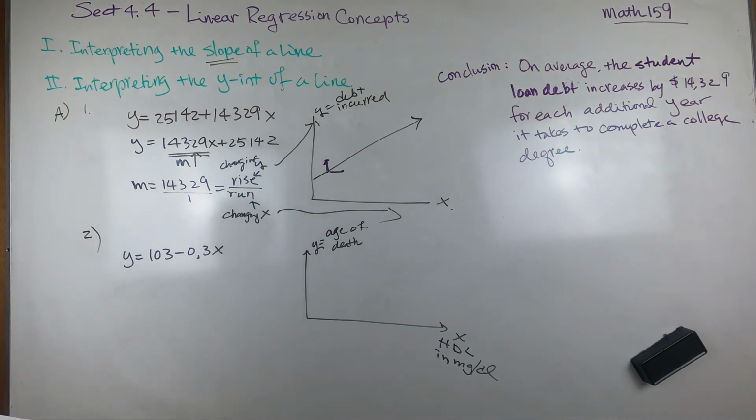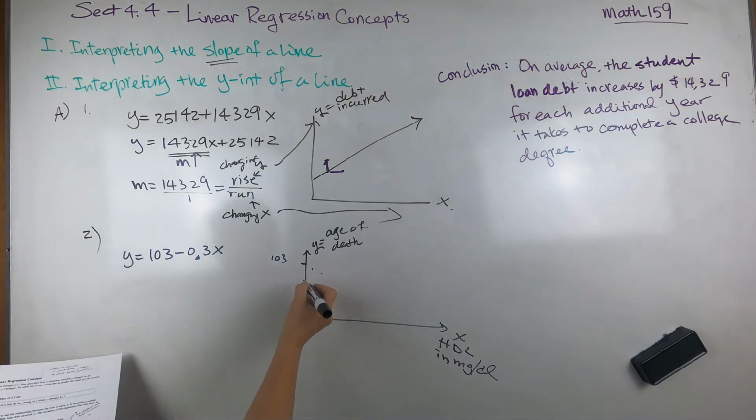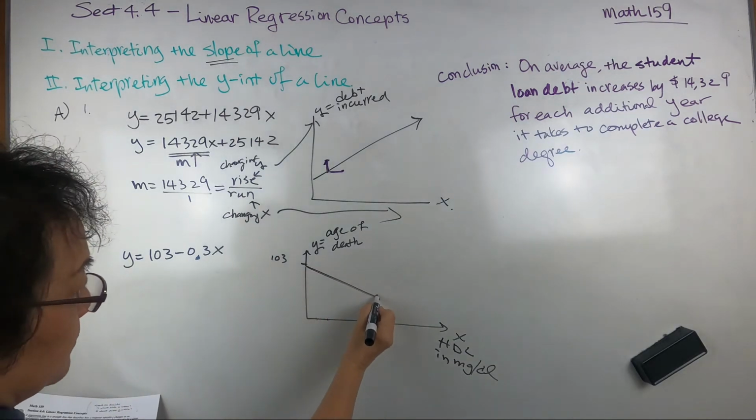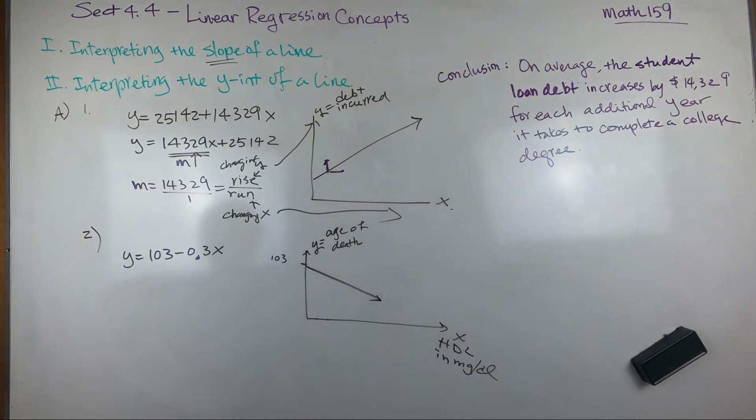Okay, so if you graph this one, you use your t-table. X is 0, Y is 103. Then X is 1, then it drops, and at 2, it drops. Something like that. So what does this picture tell you?